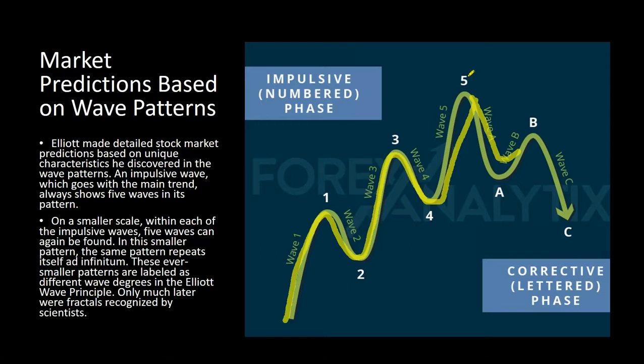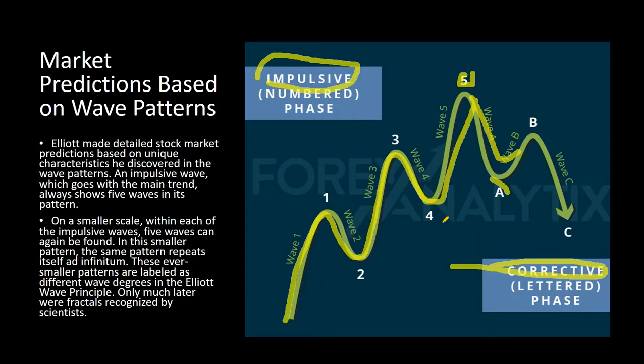And once they've peaked out at 5, we start calling these A, B, C, D, and E. Okay, so you have what's called the impulse wave, which is really the uptrend or the up movement of part of the rally. And then you have the corrective, and when they're coming back down, they're labeled with letters. So we have wave 1, wave 2, wave 3, wave 4, and wave 5 in the upward movement. And then coming into the downward movement, we have wave A, B, C, D, and E.